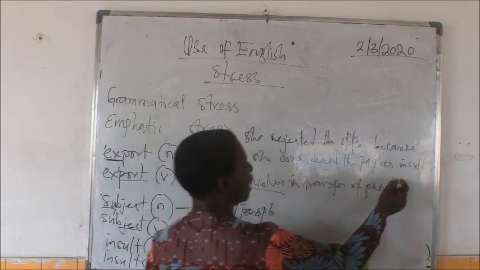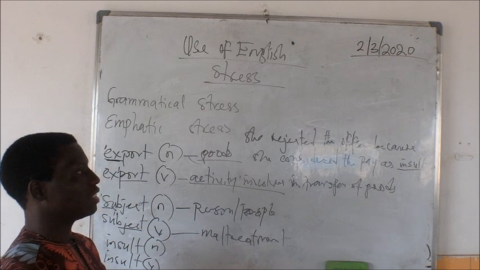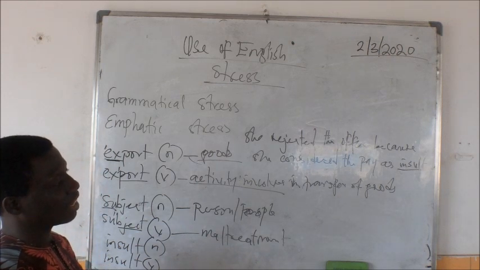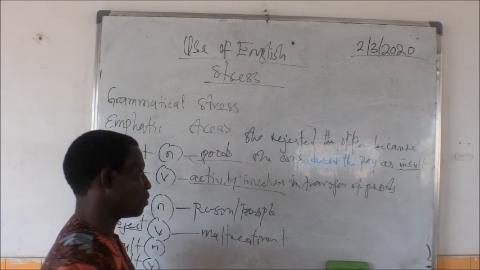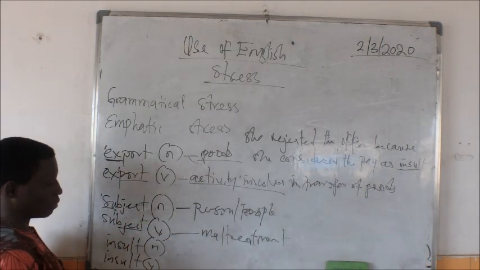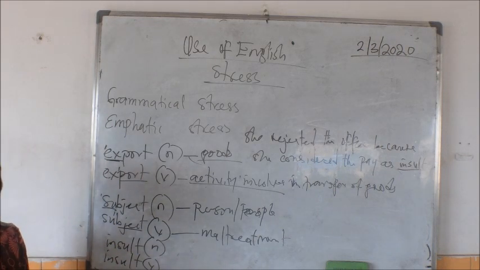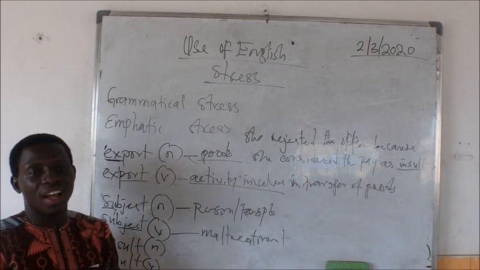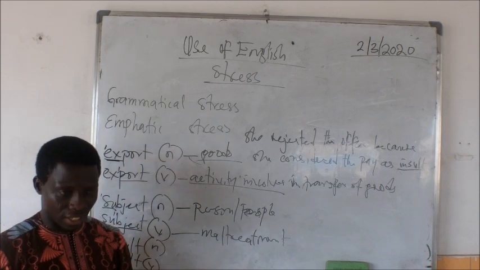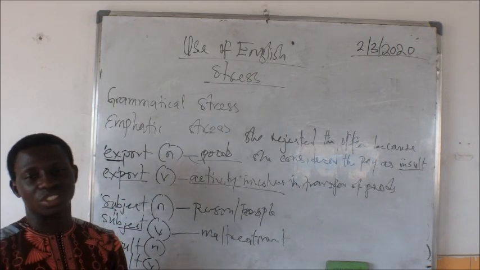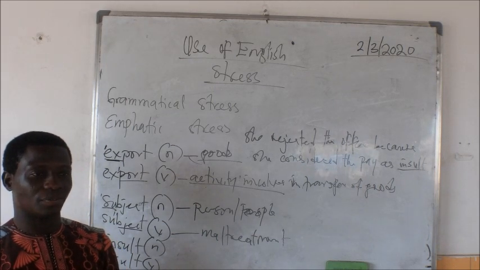So the insult here, is it a noun or verb? She rejected the offer because she considered the pay as insult. It's what? No. So that is what I see. So that's why a particular English word can function as a verb and at the same time function as a noun. Depend on the contextual usage, depend on the sentence, and so on and so forth.